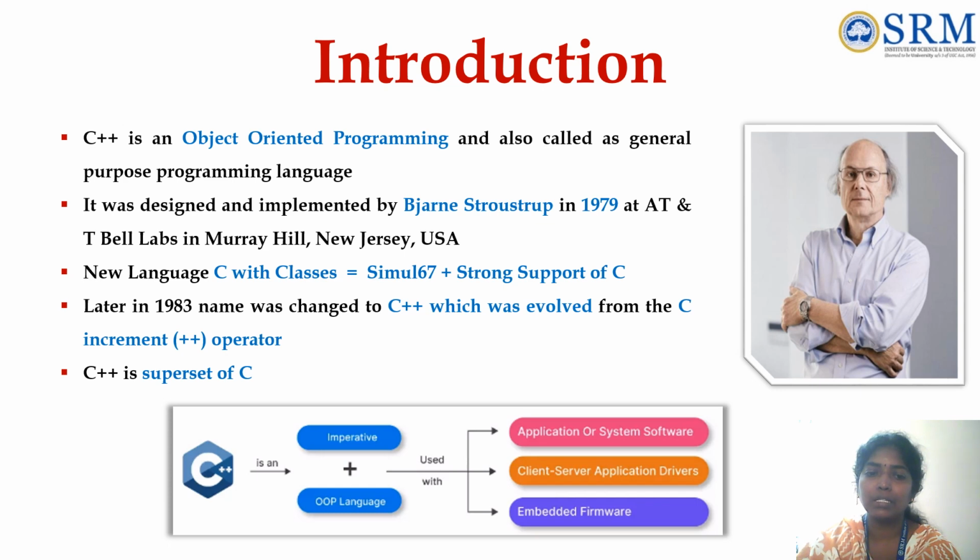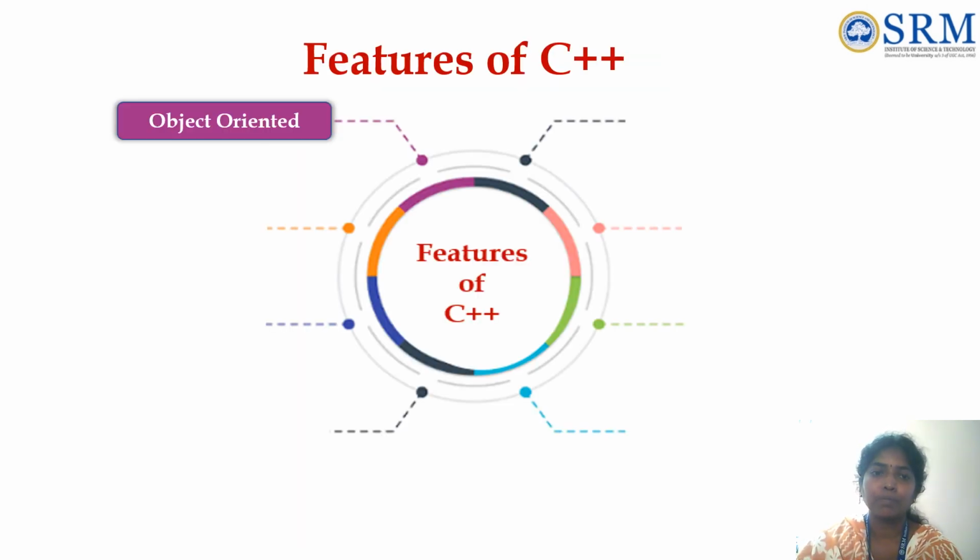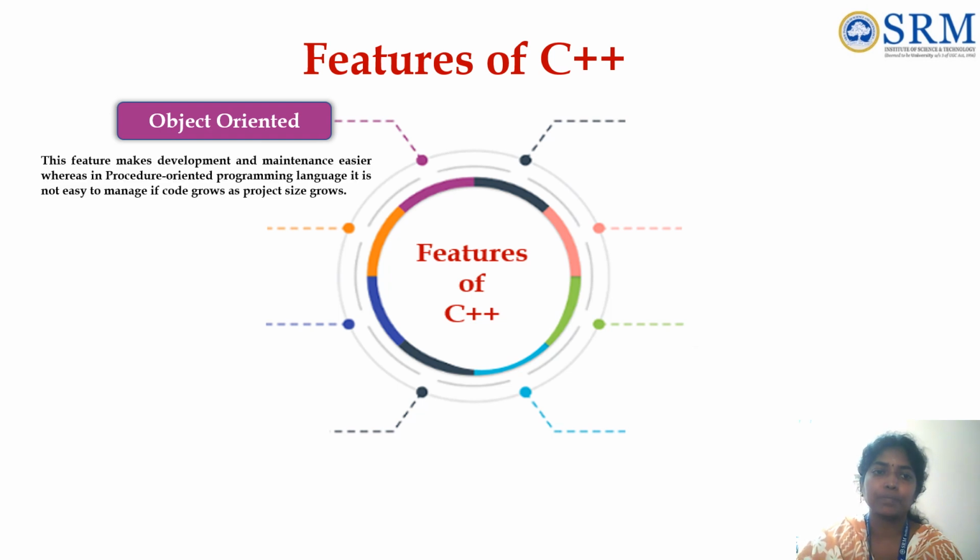C++ is an imperative plus object-oriented programming language which is used with application or system software, client-server applications, drivers and embedded frameworks. Features of C++. Object-oriented. This feature makes development and maintenance easier, whereas in procedure-oriented programming language it is not easy to manage if code grows as project size grows.